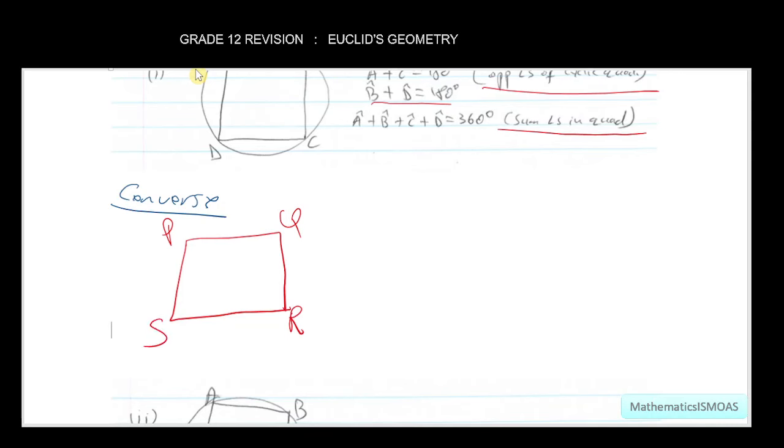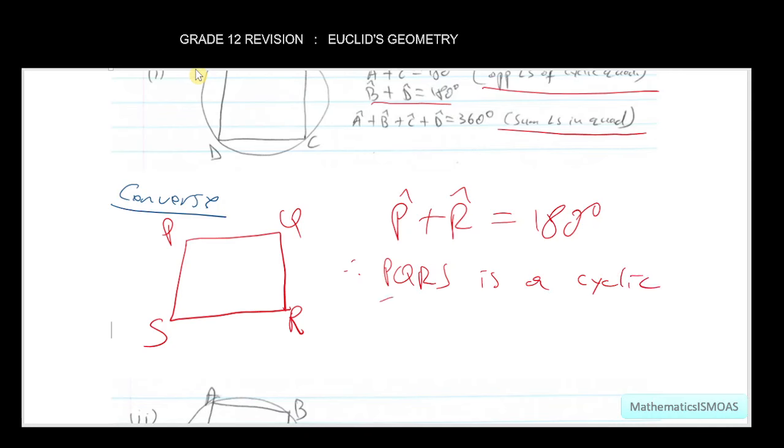From quadrilateral PQRS, we can prove that angle P plus angle R is equal to 180 degrees. Therefore, we can conclude that PQRS is a cyclic quadrilateral. And the reason for that will be converse.